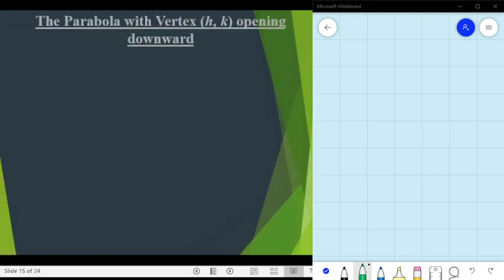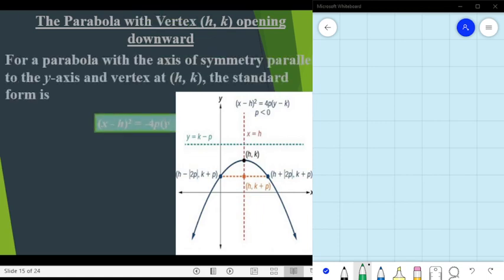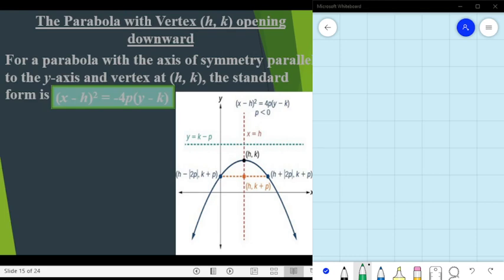Next, when the parabola with vertex (h, k) is opening downward, okay, the same ra gihapon, pero ang imong formula would be quantity (x minus h) squared is equal to negative 4p quantity (y minus k).